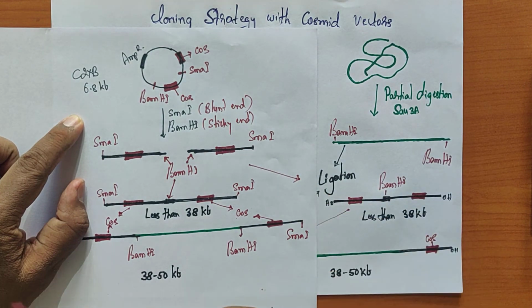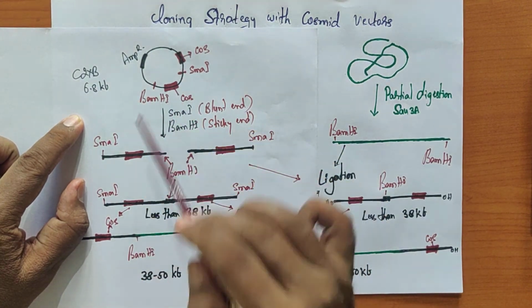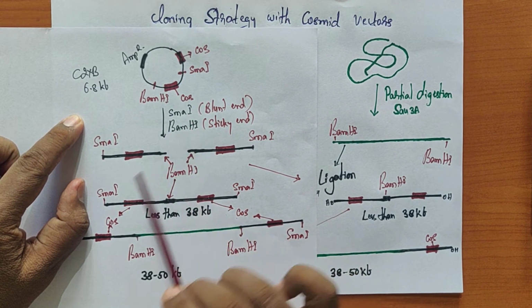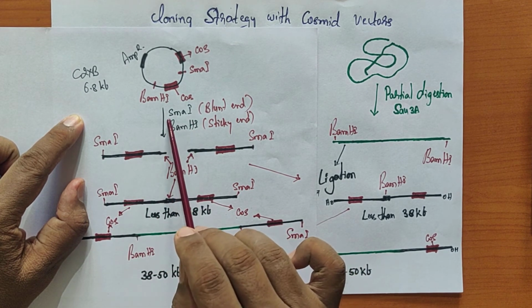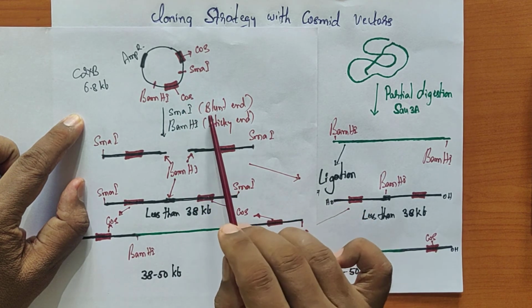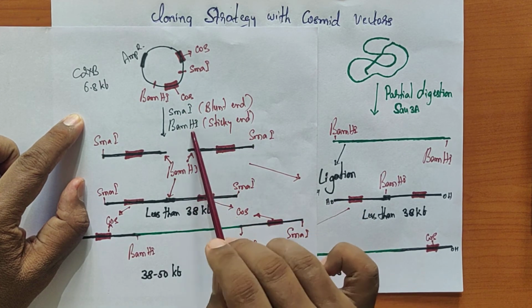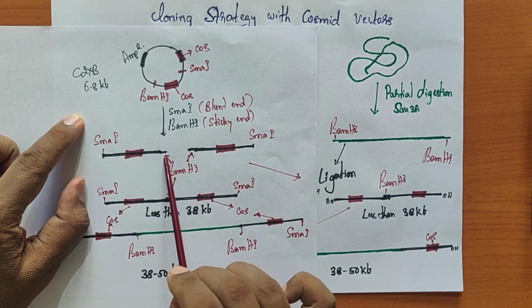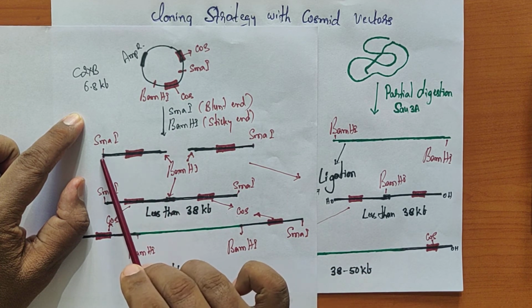Unlike earlier, we take this particular plasmid and digest it with SmaI and BamH1. And we have to know that SmaI digests and creates a blunt end and BamH1 creates a sticky end. So now this is one fragment, and the small one is going to be here.